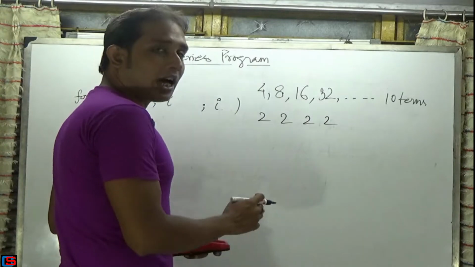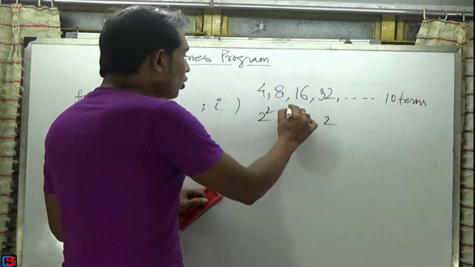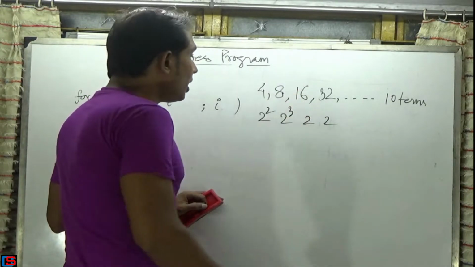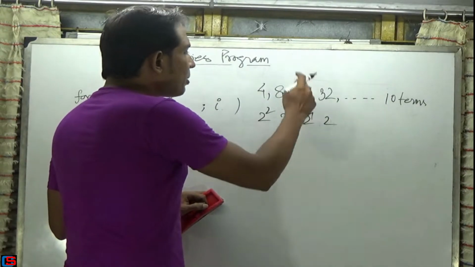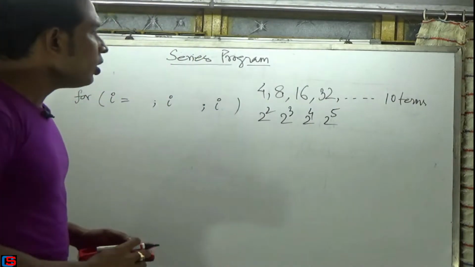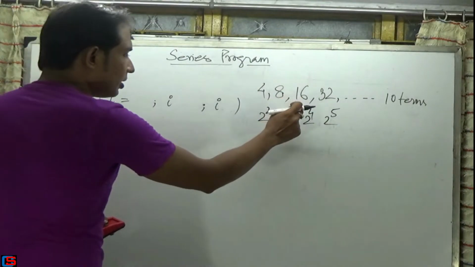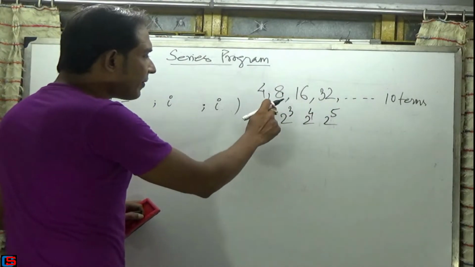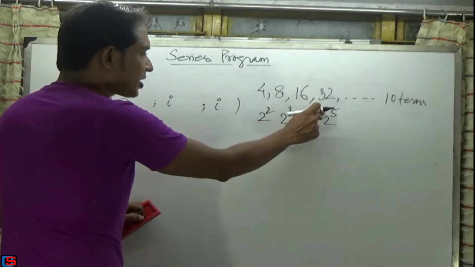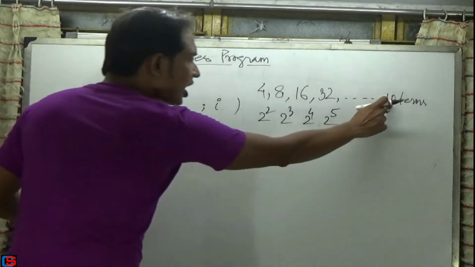Now if I square it, 2 squared becomes 4, 2 cubed becomes 8, 2 to the power 4 becomes 16, and 2 to the power 5 becomes 32. So the logic is that 2 is raised to the power 2, 3, 4, 5. The increment takes place in the power section. So the loop will start from 2, and up to how many terms? 10 terms.